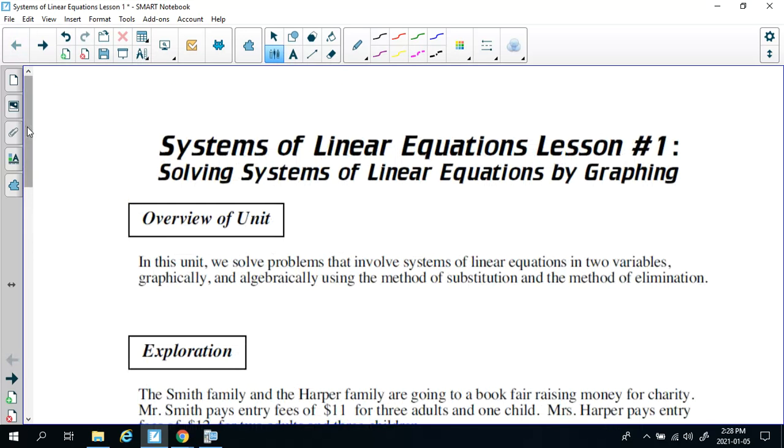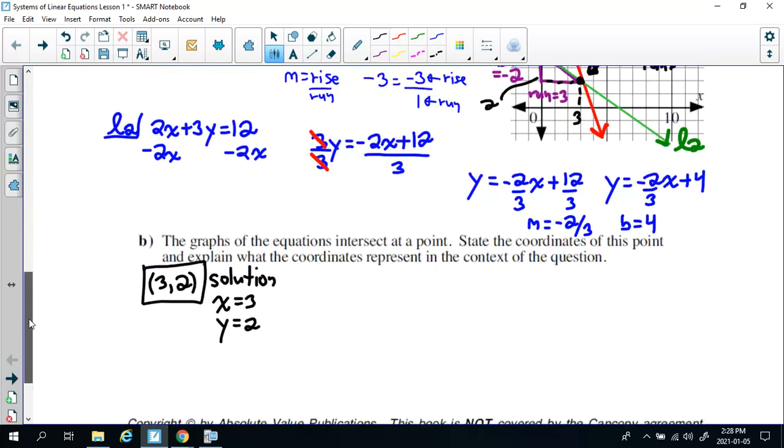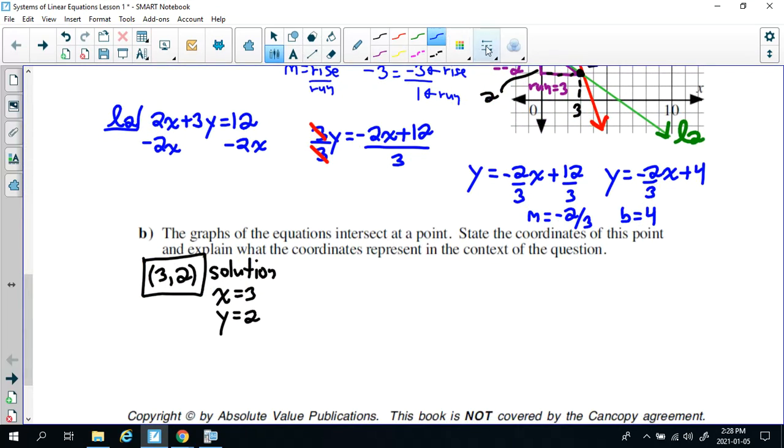Let me show you what they mean by this. Let's take my 2 equations. Whoops, this one's line 2.